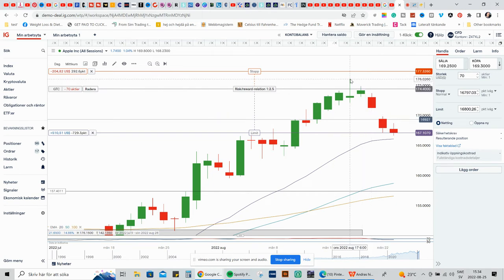You can also use a Fibonacci tool to draw between here and here. But I have good eyesight, so I can see that 50% is somewhere like here. So in this zone, you can put a sell limit order again with a pullback when it goes down here, pulls back and goes down again. But I shall not talk much more about that.